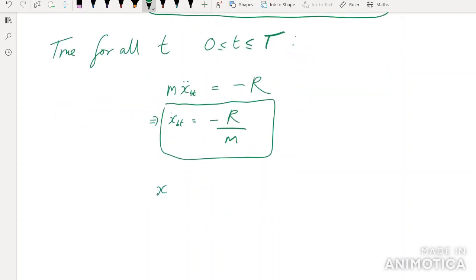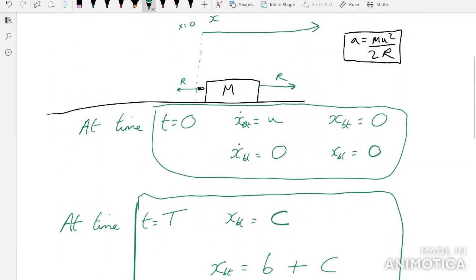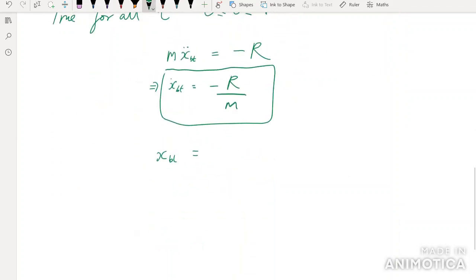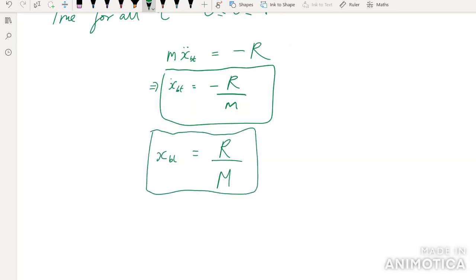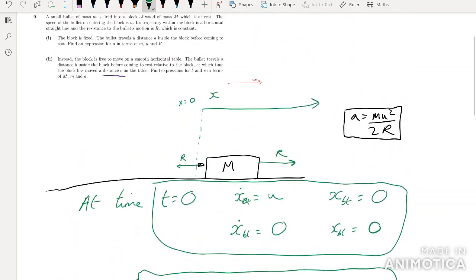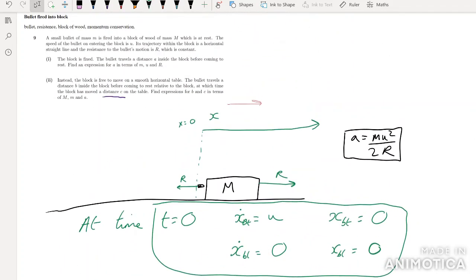And then similarly, for the block, we can just say that's got a force acting forwards of r, so it's just going to be plus r over, this time, the mass of the block. Just very simple, F equals ma. Okay, now at this point, we're sort of done, as in only now am I going to even think about how I'm going to solve this problem.